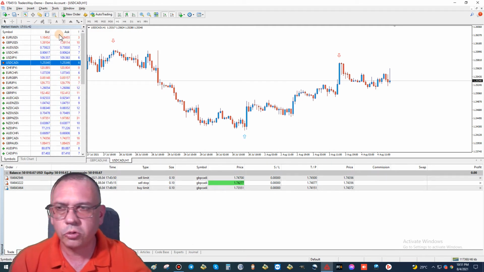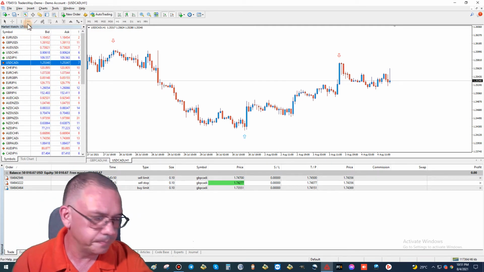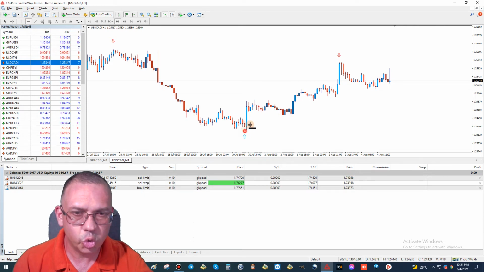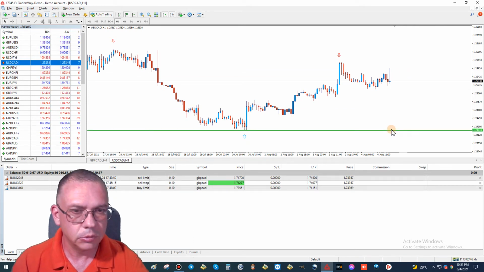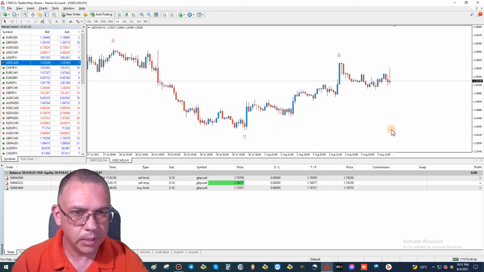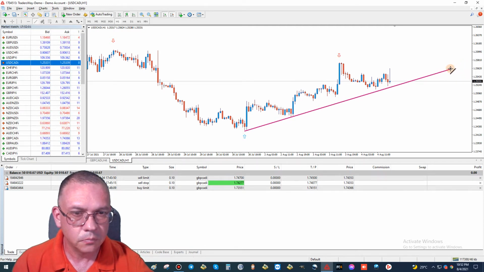So to me, it's kind of still in an uptrend. I could draw a trend line right here. Let's see, like this. Oops, that is not a trend line. That is a horizontal line. Oops, sorry about that. Right there.